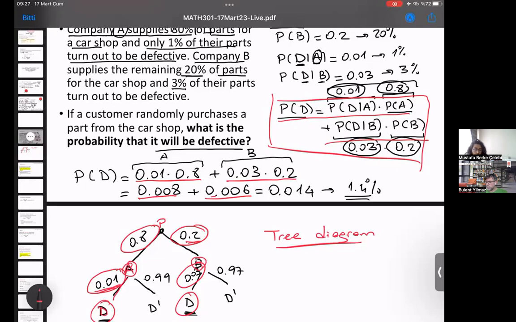And here, 3% probability, it's going to be defective. So what is the probability of obtaining a defective part? It's going to be 0.8 times 0.01, 0.2 times 0.03. Any questions? So I may have tree diagrams or solution for that.